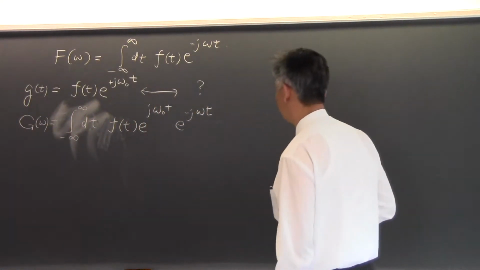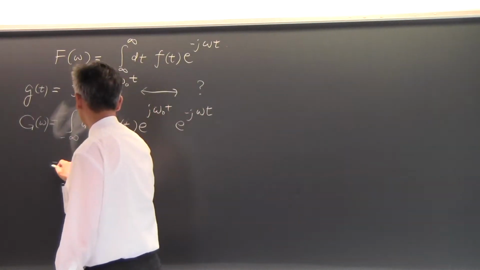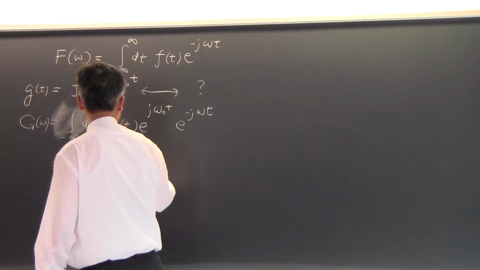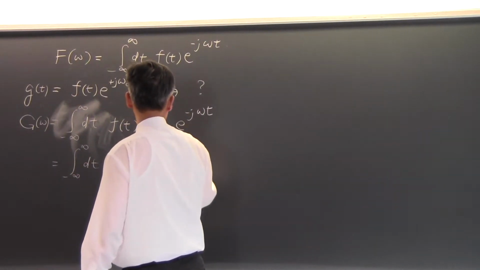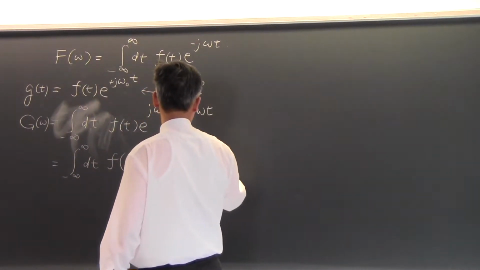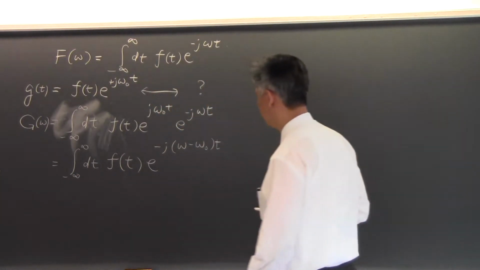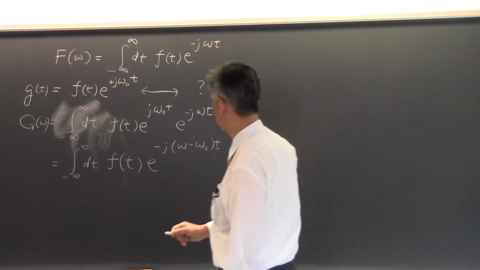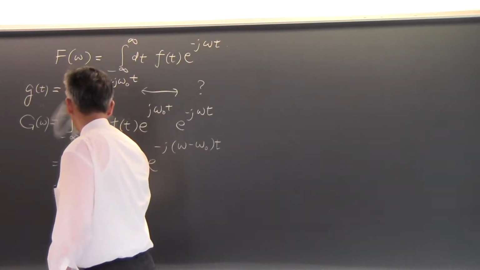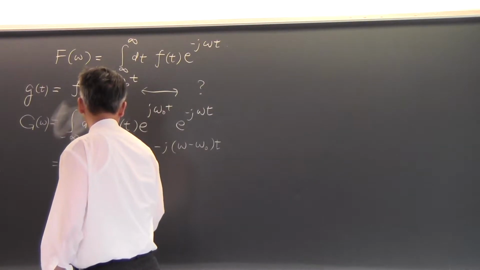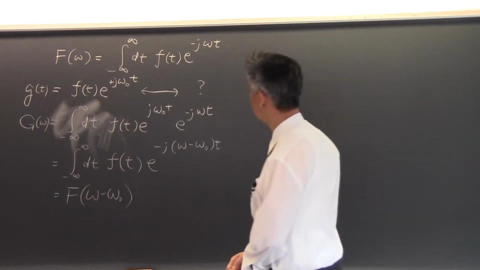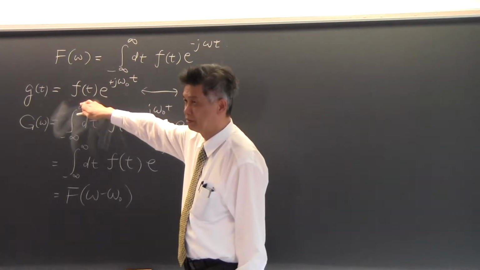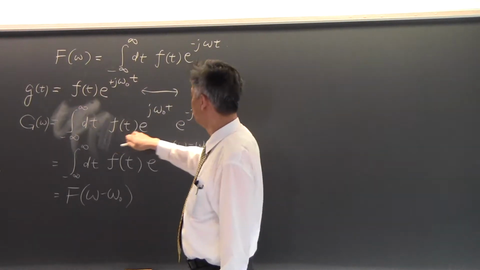And if you look at this properly, it is equal to the integral from minus infinity to infinity dt of f of t e to the minus j omega minus omega naught t. Okay? And then if you compare the first formula with the last formula, this is just f of omega minus omega naught. Agree?